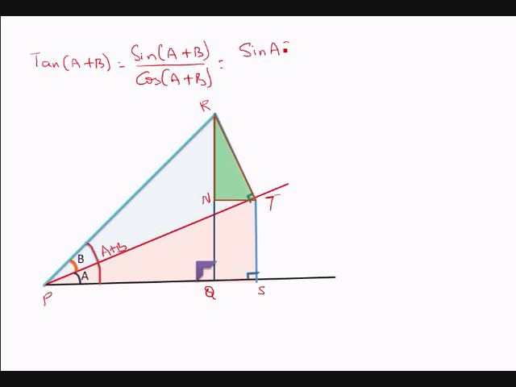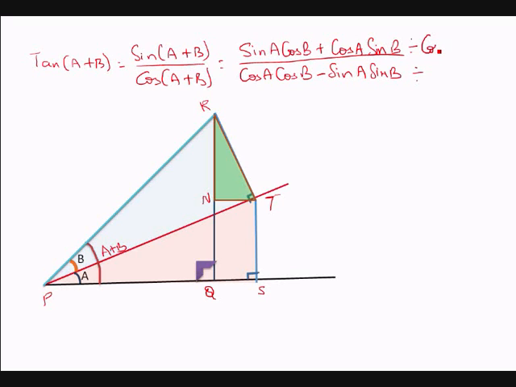Sine(A plus B) is sine A cos B plus cos A sine B. And cos(A plus B) is cos A cos B minus sine A sine B. We need the formula for tan(A plus B) in terms of tan A or tan B. We don't want it in sines and cosines. Therefore, we divide this numerator and denominator by the same term, which is cos A cos B. Dividing the numerator and denominator by the same thing doesn't change the value.